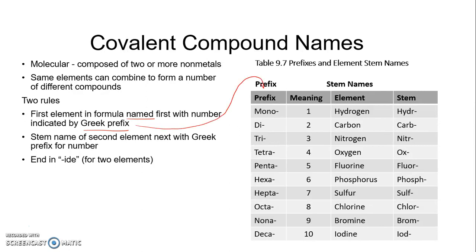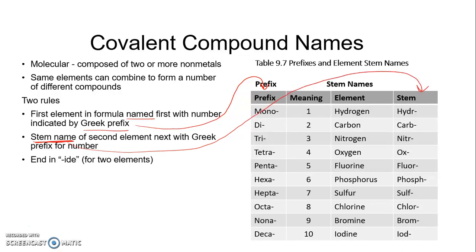The Greek prefix is this first column of the table. Mono meaning 1, di meaning 2, tri meaning 3, tetra 4, and so on. And then for the second element in the compound, you use the stem name. The stem name is indicated by this last column.